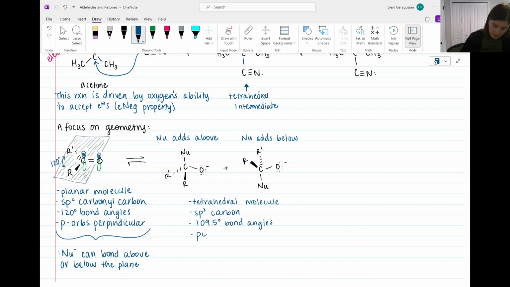And this is where we can form a possible stereocenter. This is if all four groups are different. If all four groups are different, we have a stereocenter. And so in this reaction, both stereoisomers form, so both R and S.